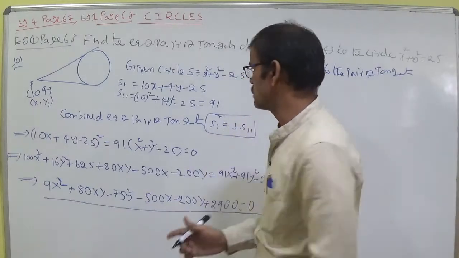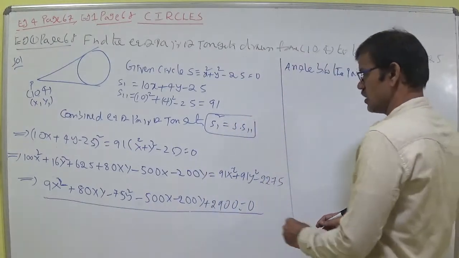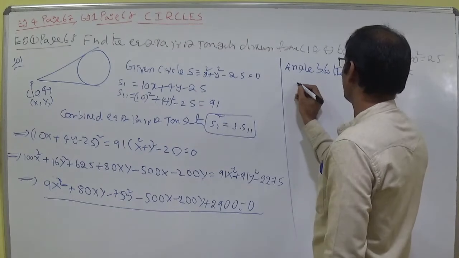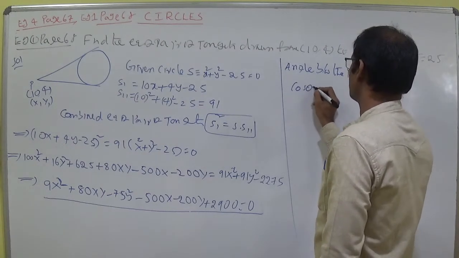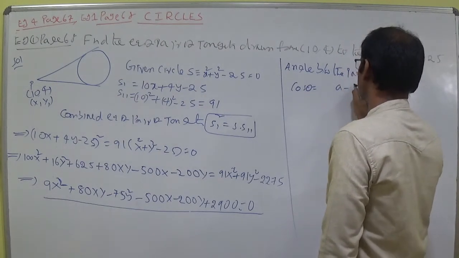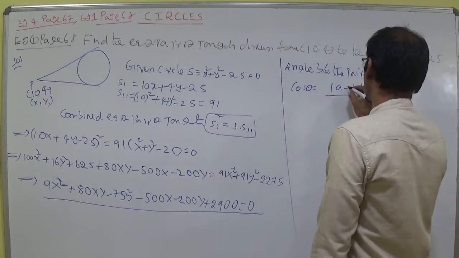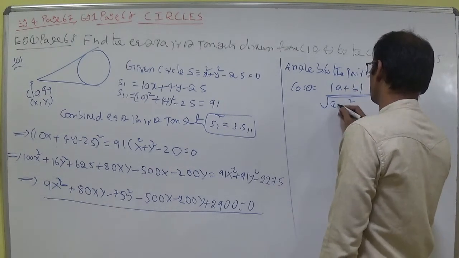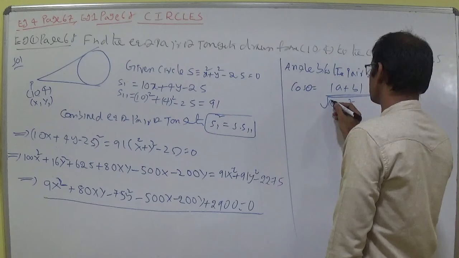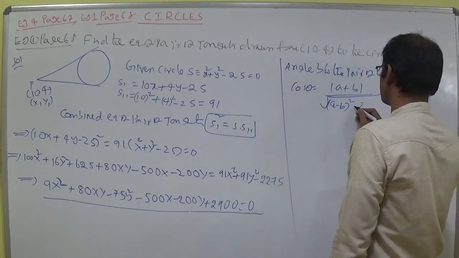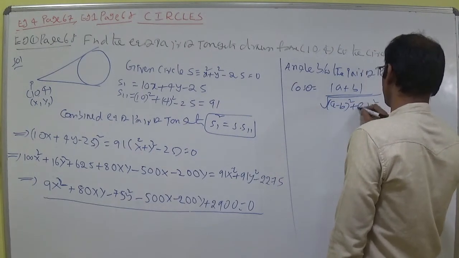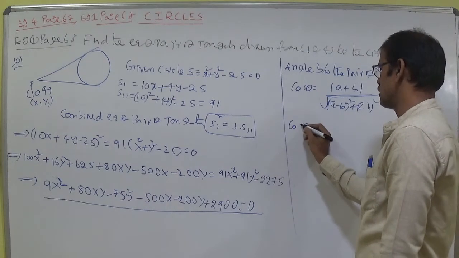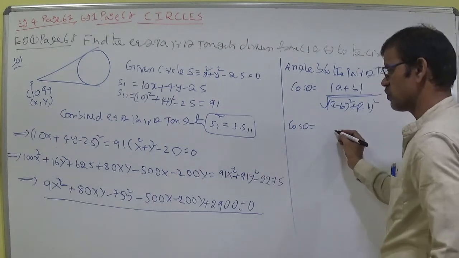But the general notation is cos theta between the lines. Angle between tangents I am writing as cos theta is equal to modulus of a plus b over root of (a minus b) whole square plus 4h square.